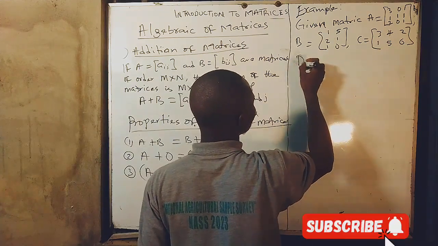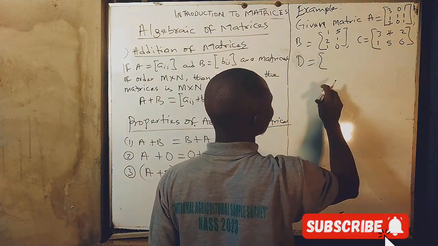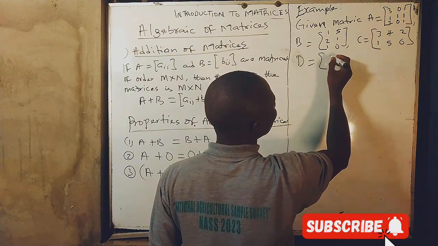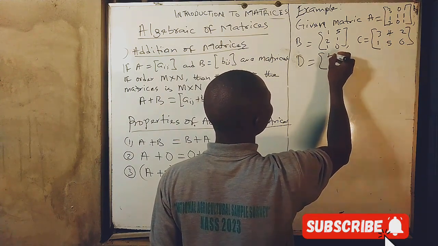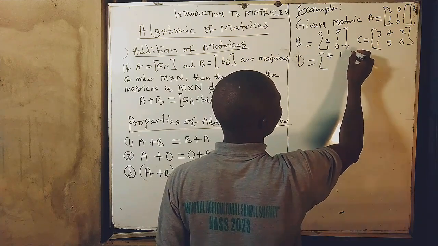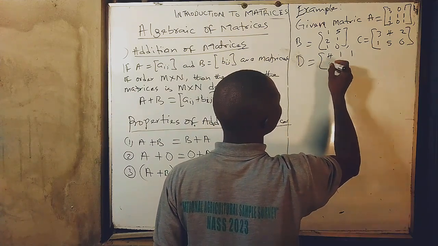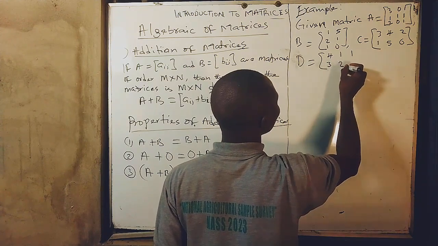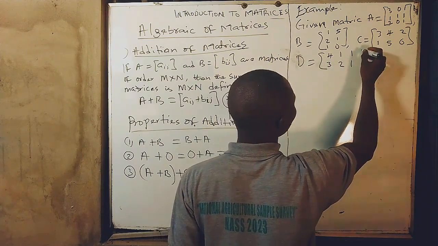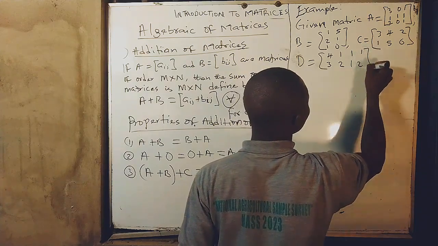Matrix D is equal to 4, 1, 1, 3, 2, 1, 1, 2.